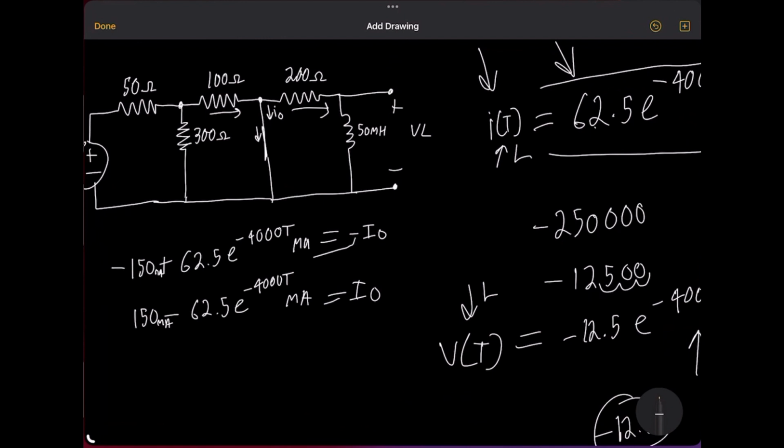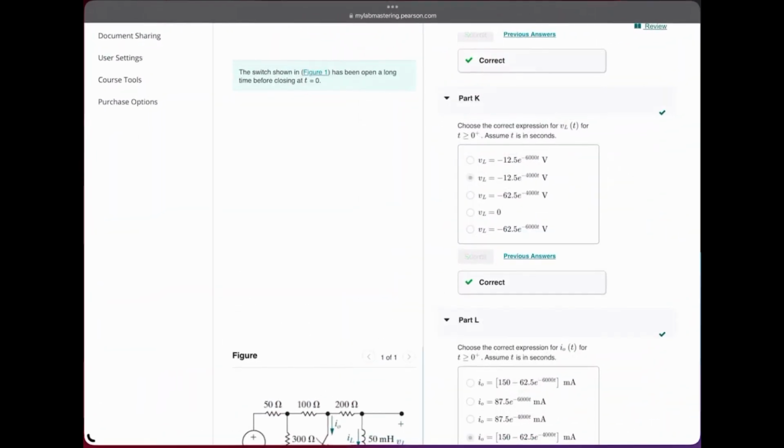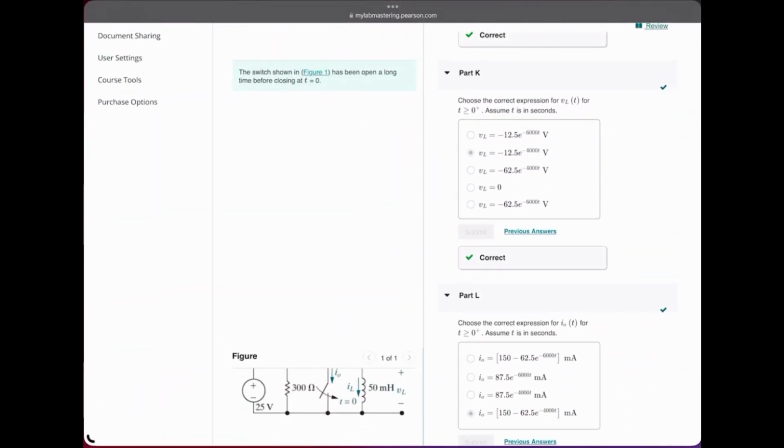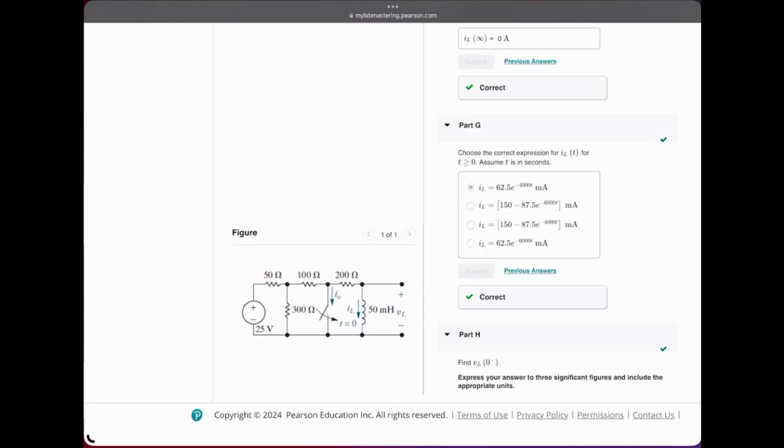We distribute that here and here. And we got our function as I of 0 as time passes forward for 0 plus. And that's right there. Okay, so that's question 1.